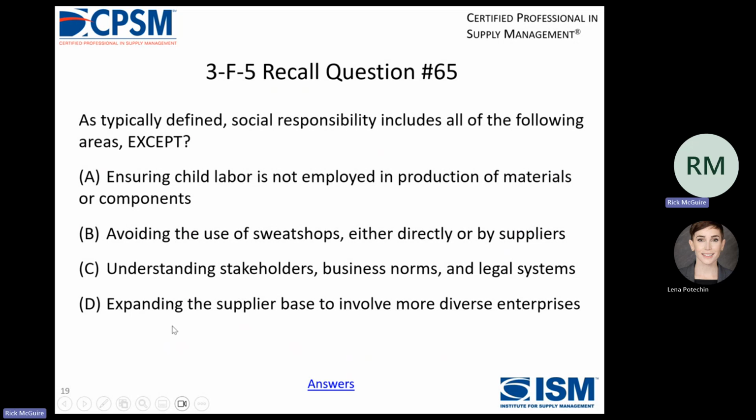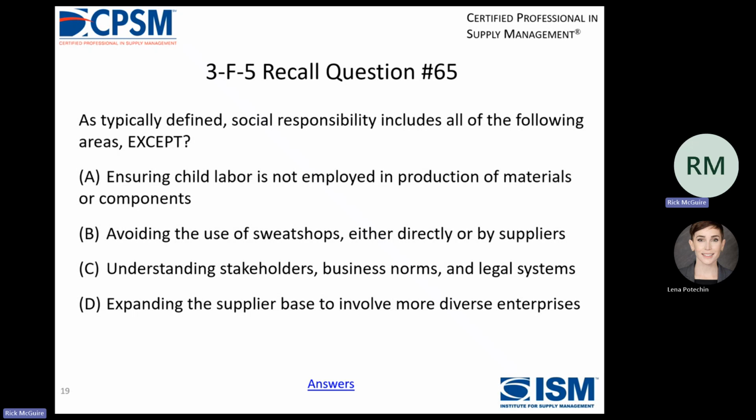So, as typically defined, social responsibility includes all of the following areas except which one doesn't belong. Well, A and B are certainly part of social responsibility.